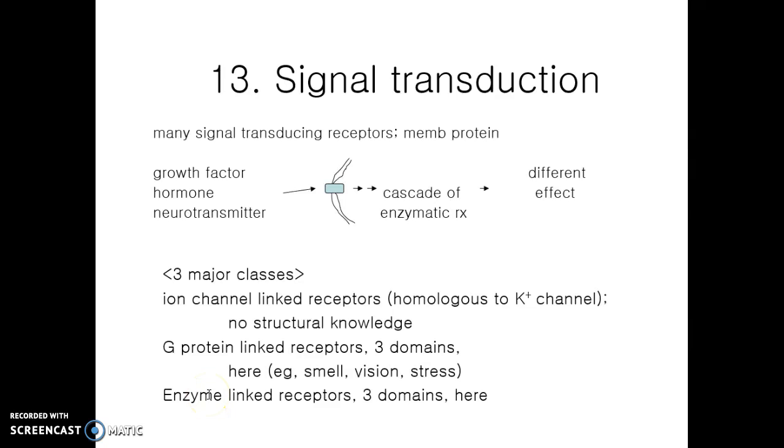Many signal transducing receptors are plasma membrane proteins that bind specific extracellular molecules such as growth factors, hormones, and neurotransmitters, and then transmit to the cellular interior a signal that elicits a specific response.